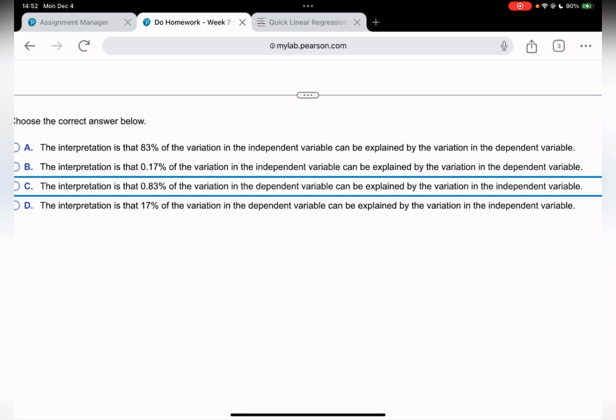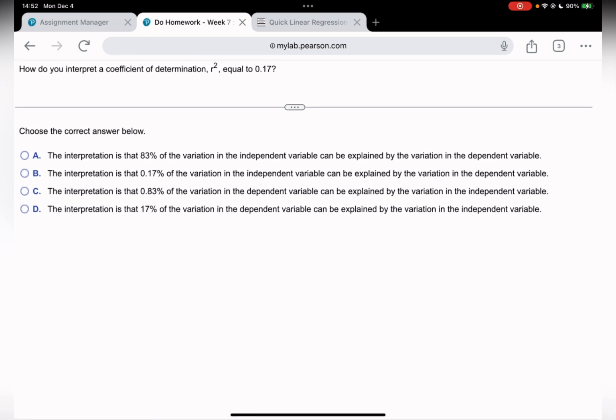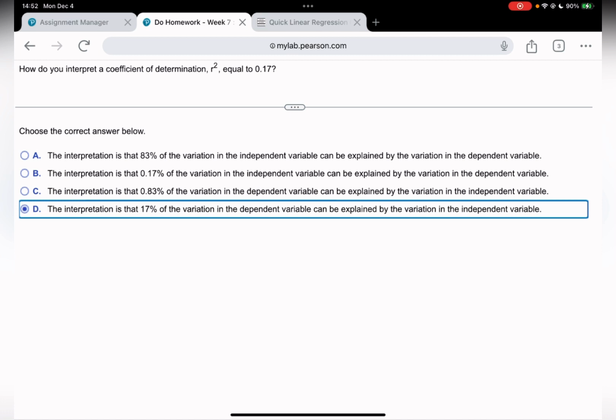From algebra, based on the equation y equals mx plus b, x is the independent variable and y is the dependent variable. Y always depends on x. So the variation in the dependent variable can be explained by variation in the independent variable. Okay, so it's going to be D.